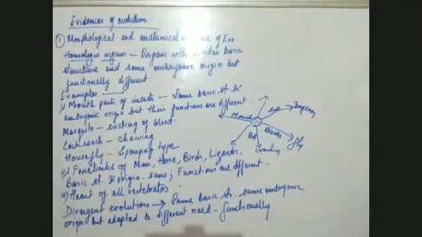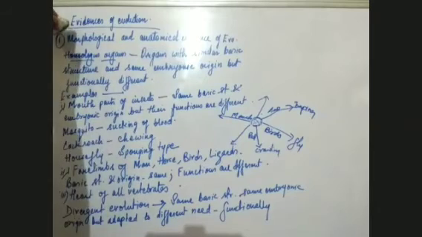Okay, fine. So this is about the homologous organs, which is the first evidence of evolution in the morphological and anatomical evidence of evolution. This is the first type. Now I come to the second type, which are analogous organs. That is also something you have done in class 10.